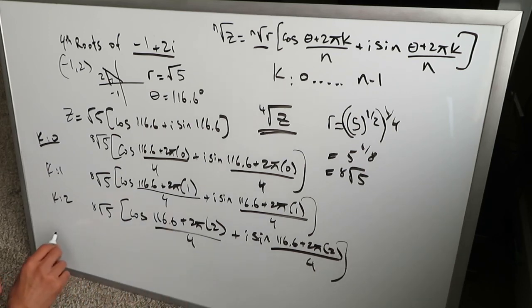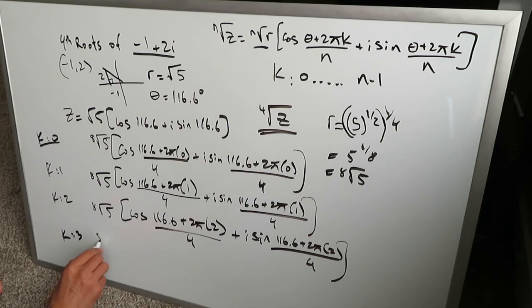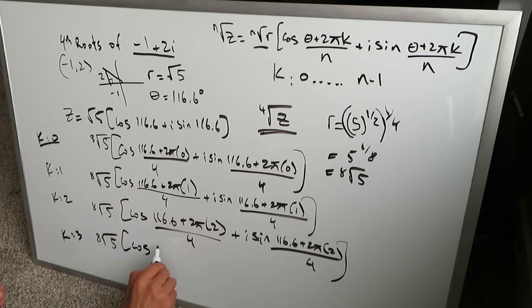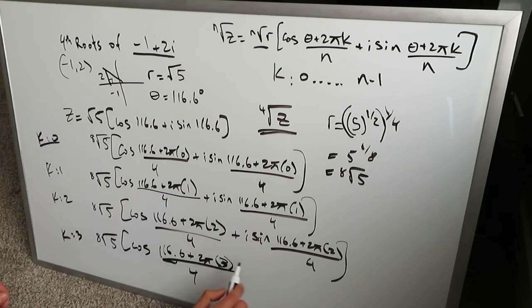And my last root, corresponding to a k value of 3, is going to be the 8th root of 5 times cosine and everything else which comes after it. 116.6 plus 2 pi times 3 over 4, this right here is a 3, plus i sine 116.6 plus 2 pi times 3 over 4.